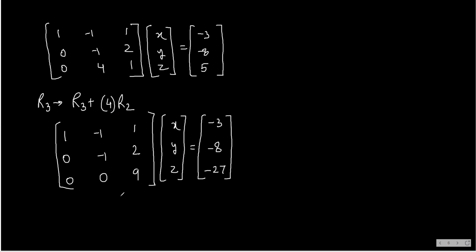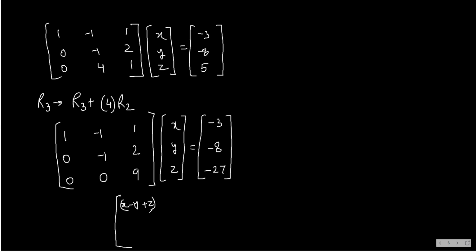So see, I get here 1 multiplied by x is x. I'm multiplying first row with first column, and whatever I get, I will write in the first row and first column. So x minus y, minus 1 into y is minus y plus z. See, this is first row, first column.